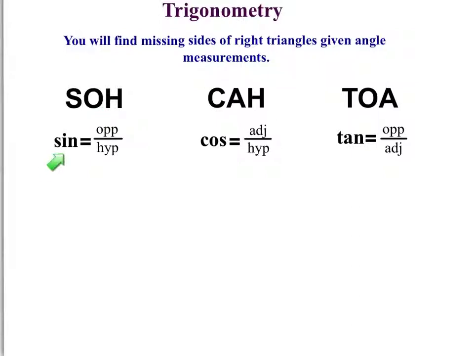So, sine, and it's actually spelt S-I-N-E. O-P-P is the opposite over the adjacent. All of these are written as ratios. Sine is equal to opposite over hypotenuse.